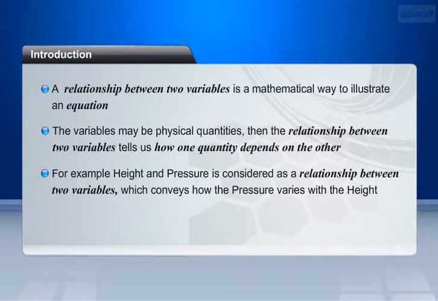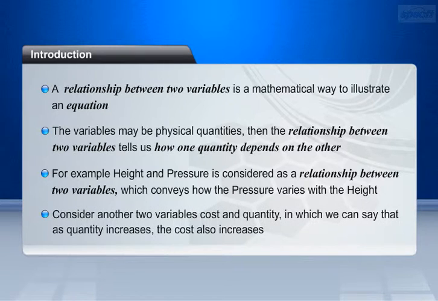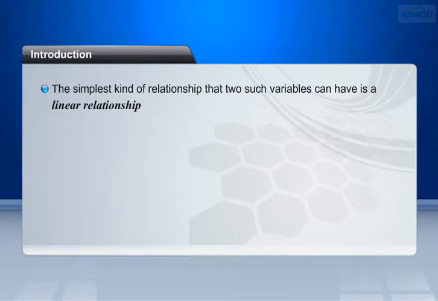For example, height and pressure is considered as a relationship between two variables, which conveys how the pressure varies with the height. Consider another two variables, cost and quantity, in which we can say that as quantity increases, the cost also increases. The simplest kind of relationship that two such variables can have is a linear relationship.